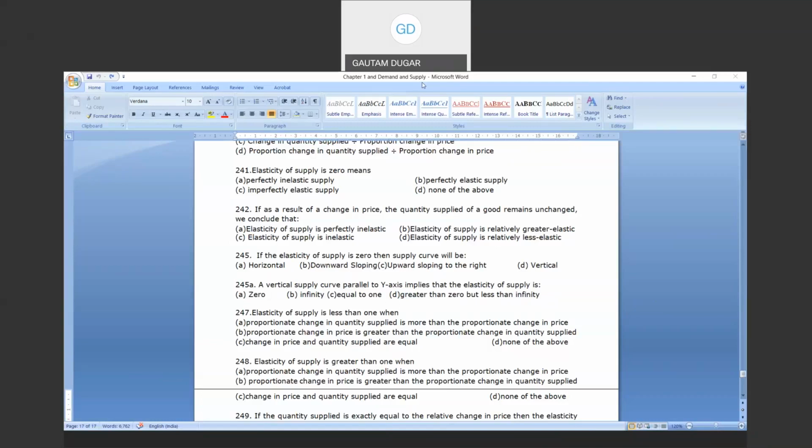Coming to 245, if the elasticity of supply is 0, the supply curve will be this one.